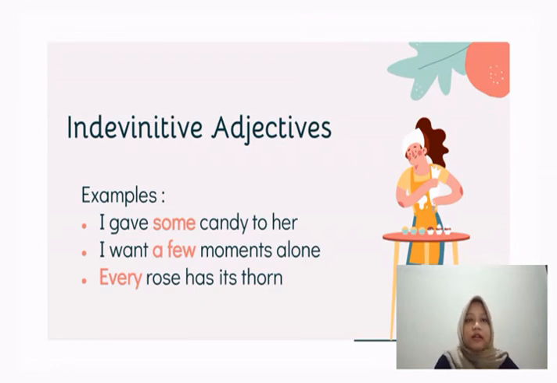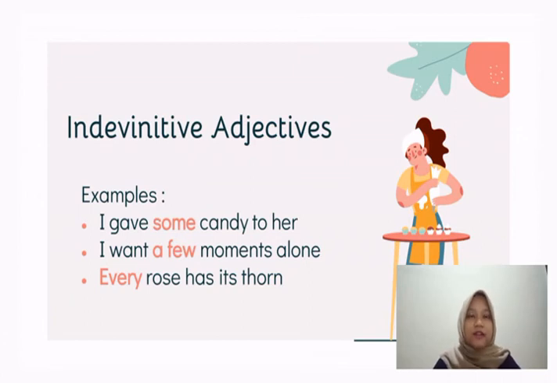Examples are words like some, a few, or every. That is the kind of word that gives unspecific information.